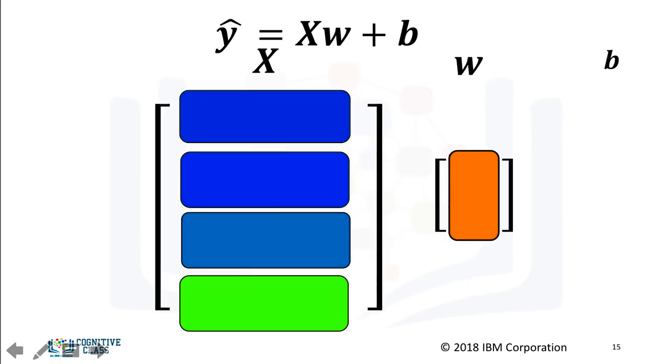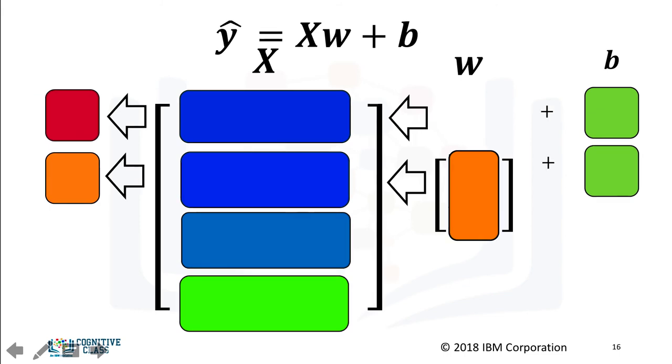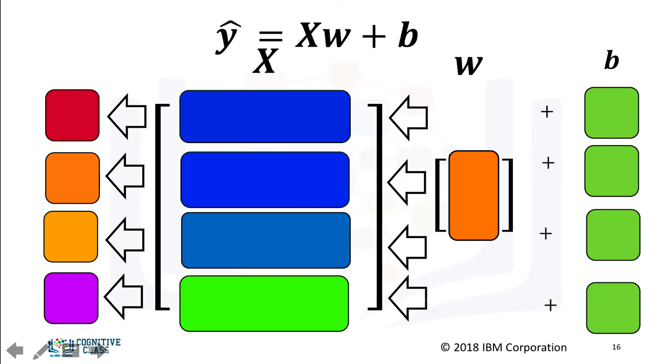We get the following equation. All that happens is the parameter vector performs dot product on every row of the matrix, and then we add a bias. We get an individual output. Then for the second row, we perform the dot product and add the bias, and we get another output. We repeat the process for every row. The result is a tensor y, who has the same number of rows as the matrix x.